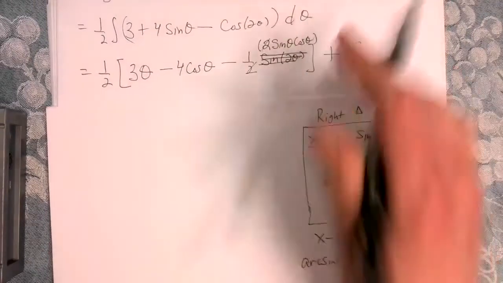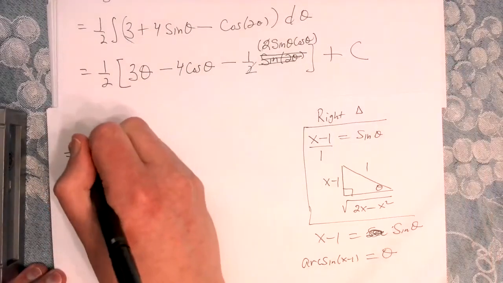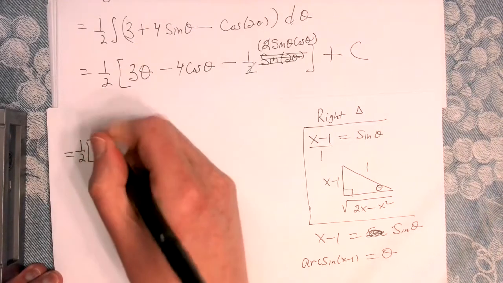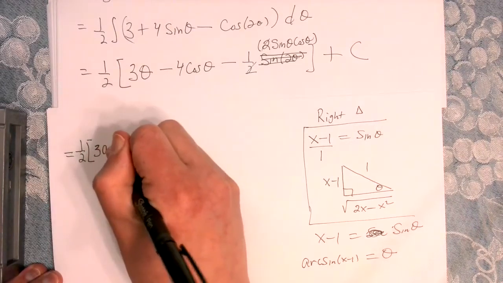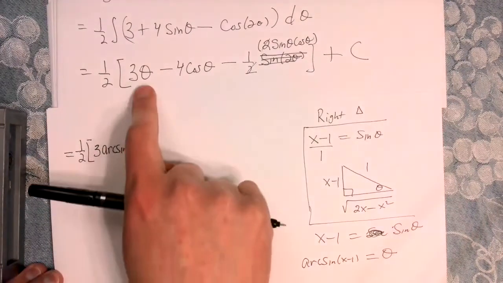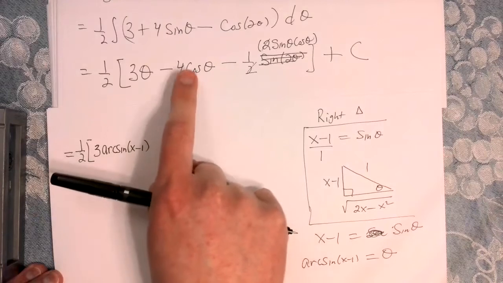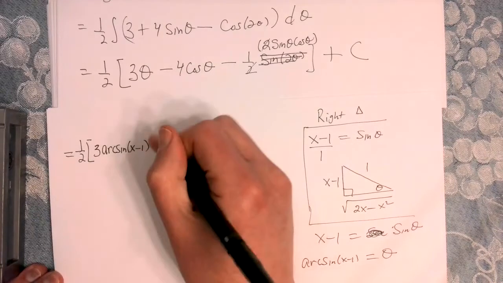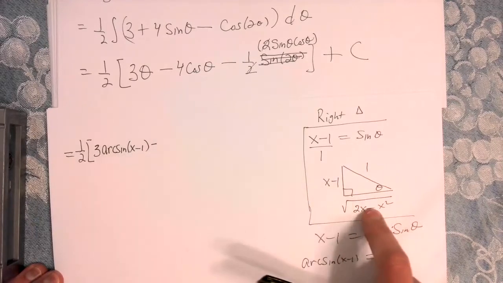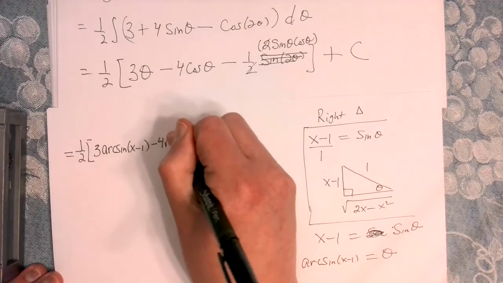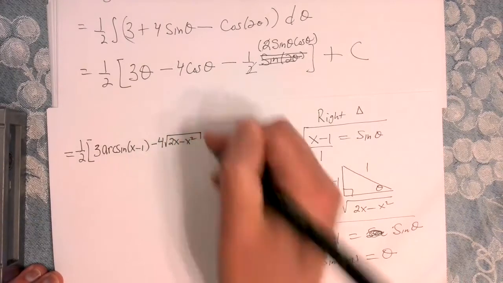Okay, no problem. So now we've got 1/2. So 3 theta, that means 3 arc sine of x minus 1. Okay, so that's that. And then this we can get just from our triangle, no big deal. So 4 cosine. Cosine is adjacent over hypotenuse. So that'll be 4 times the square root of 2x minus x squared.